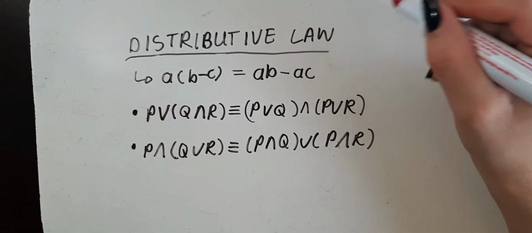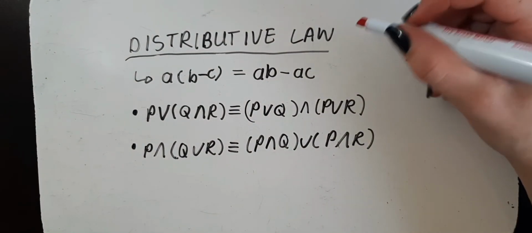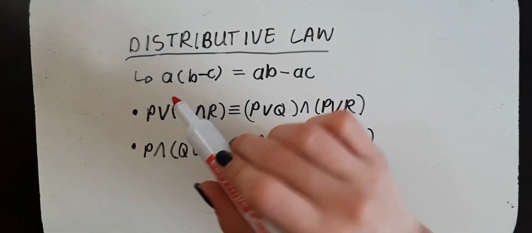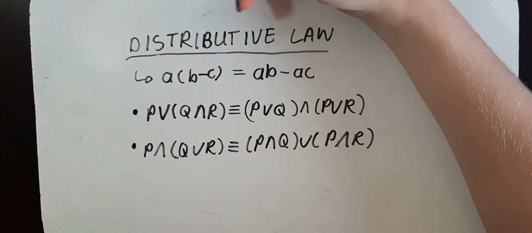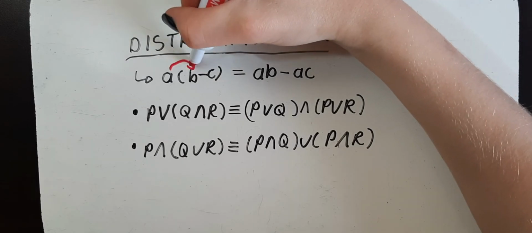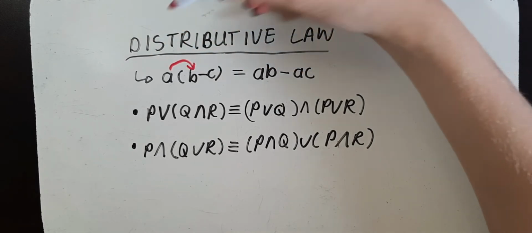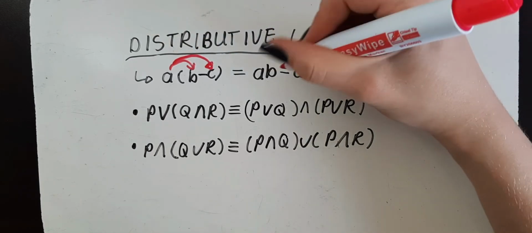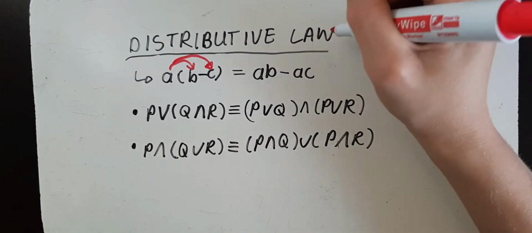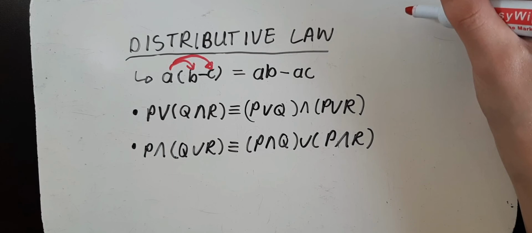The next law is the distributive law. Before we look at the distributive law, let's first do some revision about multiplying brackets. So if you have A times B minus C, then you multiply the A with the B to get AB, and then you multiply the A with the minus C to get minus AC. The distributive law works exactly the same.